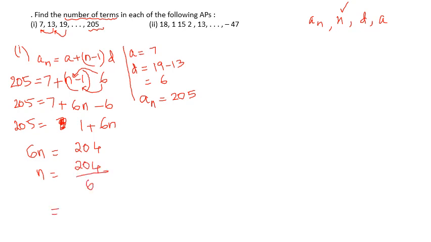What is the answer? 34. So there are 34 terms. Now this first one, is it a finite AP or infinite AP? It is a finite AP.